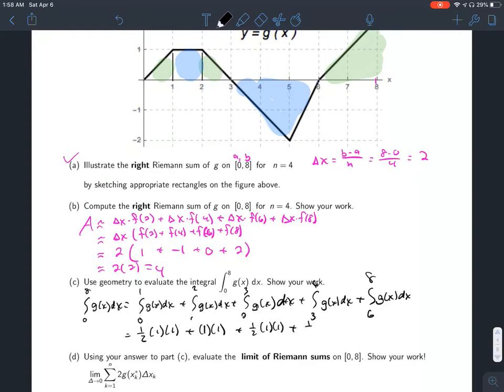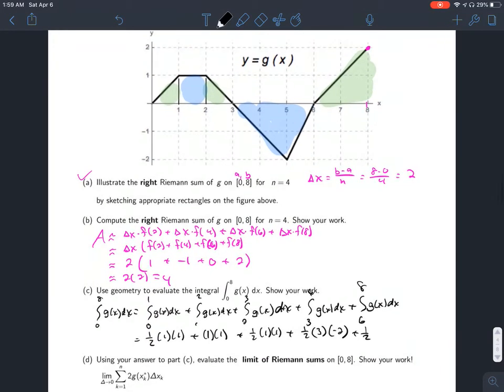Next one's a triangle, 1/2 the base times the height. I'm going to call this height a -2, or I could just say this is the area under, so that whole thing's going to be negative. So once again, I can call that a -2 or call this a minus, either way. Plus, this last one is another triangle. Its base is 2 and its height is 2.